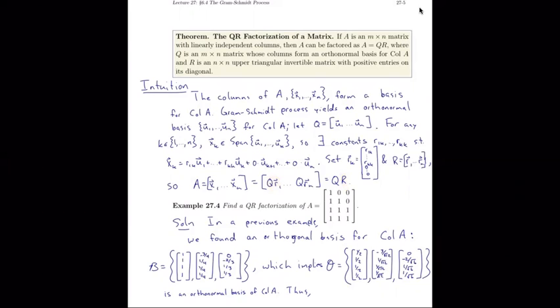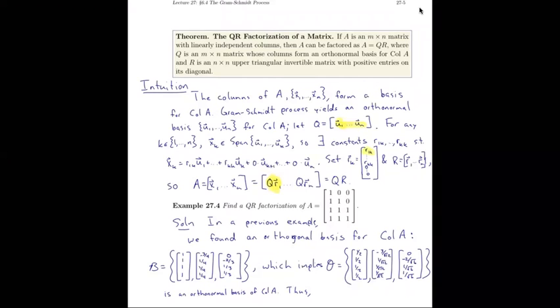So we see that each Q times R1 is really the linear combination of Q, U1 through UN, with the vector R1 as weights.